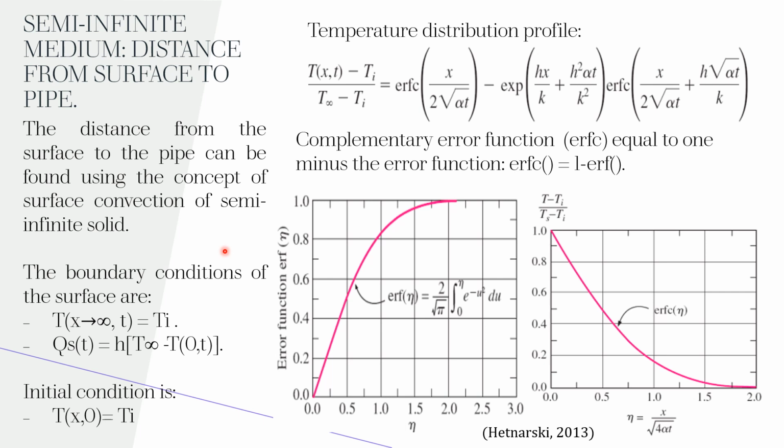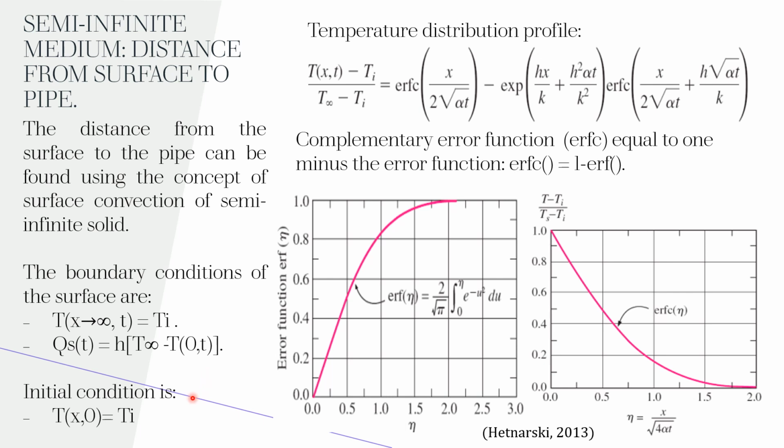Before that, we have to set the boundary conditions: the temperature at x, the distance from the surface to the pipe, at infinity is equal to the initial temperature, and the heat transfer rate, Qs, as a function of t is equal to the heat transfer coefficient multiplied by the difference of the infinite temperature minus the temperature at x equal to 0, at any time t.